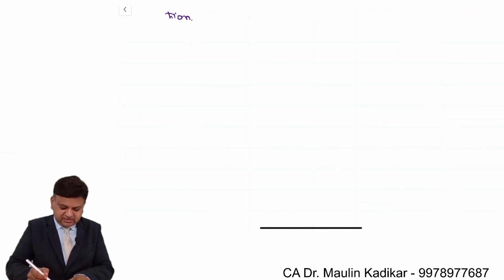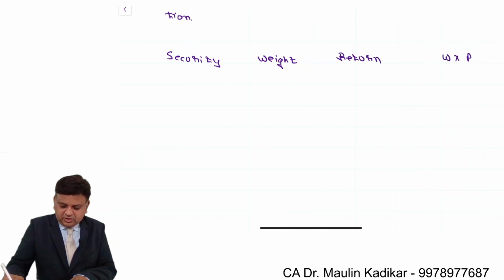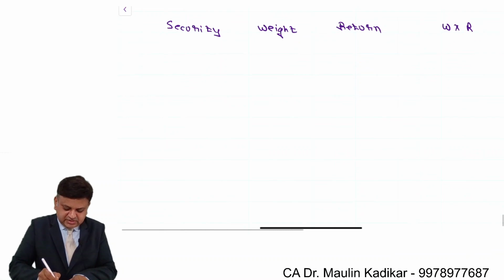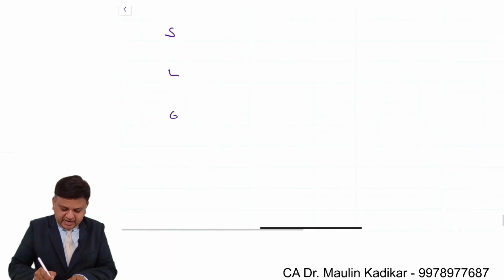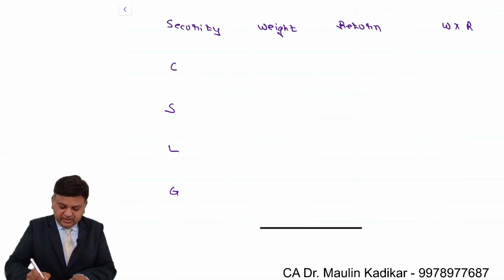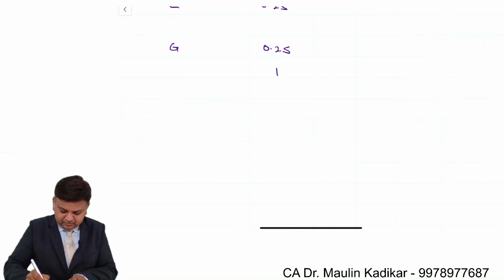So we can say something like this: security, weight or proportion, return, weight into return. The securities are cement, steel, liquor and Government of India bond. The weight will be 0.25, 0.25, again 0.25, again 0.25, so it is 1 divided by 4.